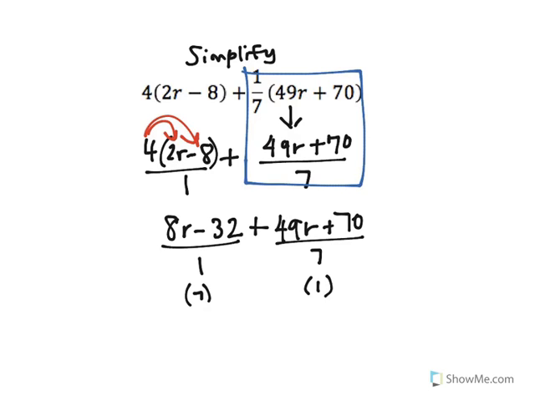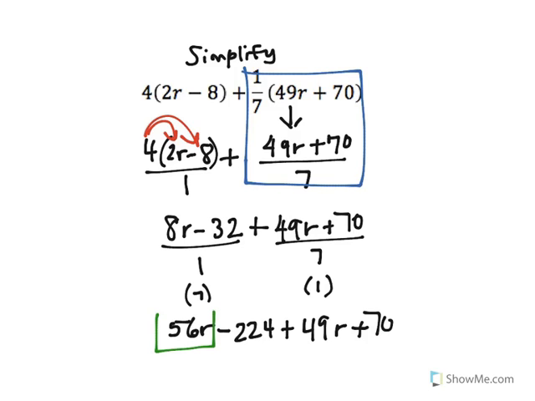And I get 56r minus 32 times 7. Hold on, let me get a calculator here. 32 times 7. Hold on. 32 times 7 gives me 224 plus 49r plus 70. Now I combine my like terms here.